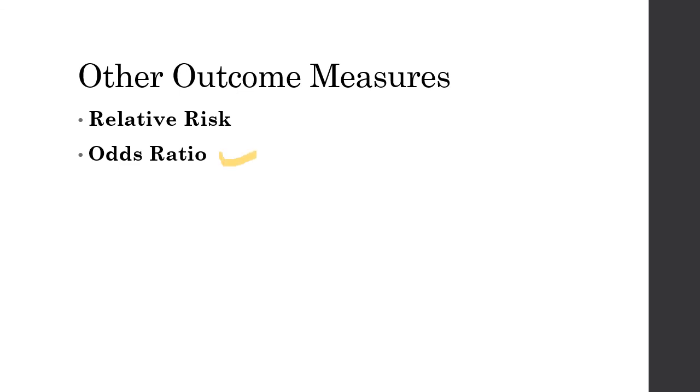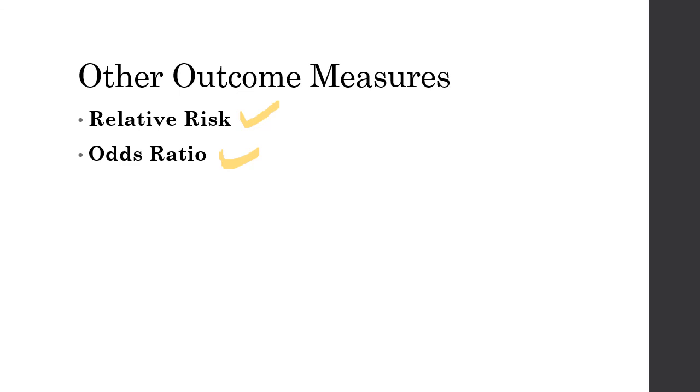Odds ratio, the one that we have mentioned in case control study, can also be used in the cohort study to report your findings, but there is also something called relative risk, and there is something called risk difference. These are also typically used to report your results of a cohort study, which you will come to know more about the details of calculating in the coming semesters when we talk more advanced about cohort study.